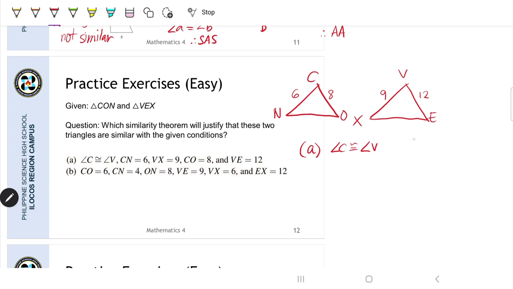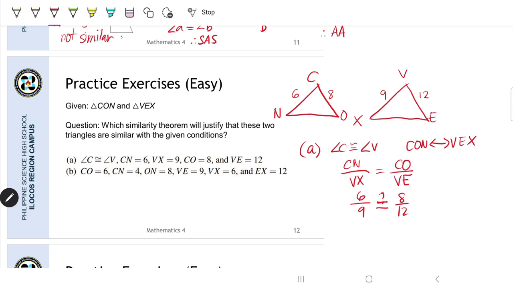If we do the correspondence, CON corresponds to VEX, we can say that CN over VX should be equal to CO over VE. Substituting the values, 6/9, is it equal to 8/12? Are these two ratios equal? The answer is yes.